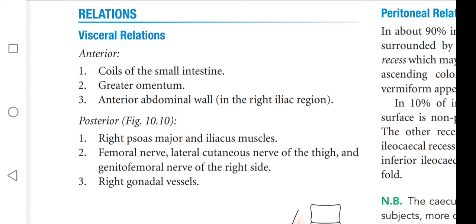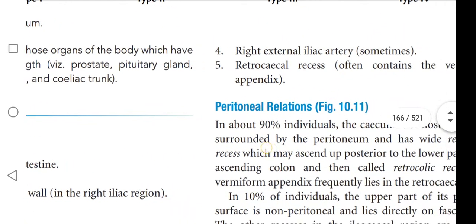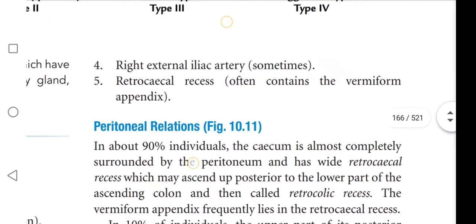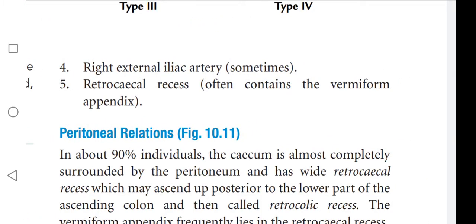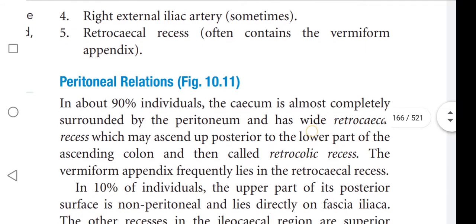The vessels are the right gonadal vessels and the right external iliac artery, which arises at the level of the L4 vertebra. It may be present only sometimes, so it is not important to remember. And often it contains the vermiform appendix, that is the retrocecal recess.